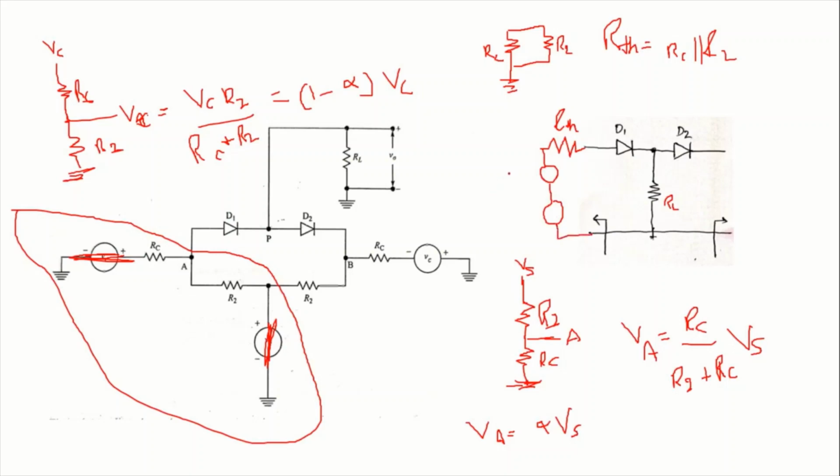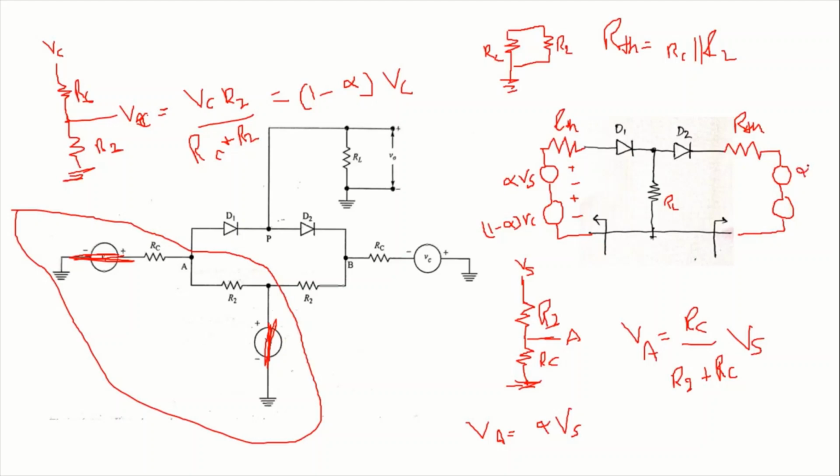So this is alpha into Vs, and this one is 1 minus alpha into Vc. So this is plus minus and plus minus. So here also we will have RTH, and here also we will have two Thevenin's voltage sources like this.